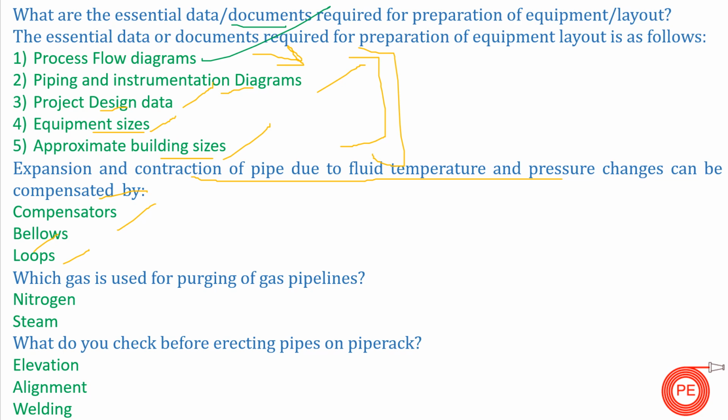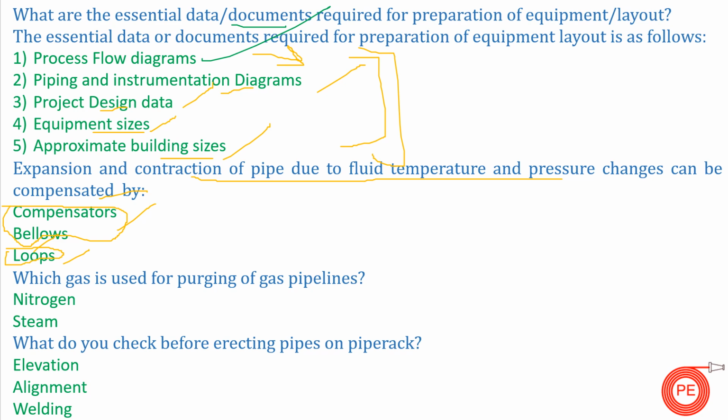Compensators and bellows contract and expand based on the change in pressure and temperature. Similarly, loops are provided. Loops are generally provided in case of your steam lines and cold water pipelines, but steam line is primarily one of the things where we provide these loops, and this looping is done so that expansion and contraction can be absorbed by the pipe itself.